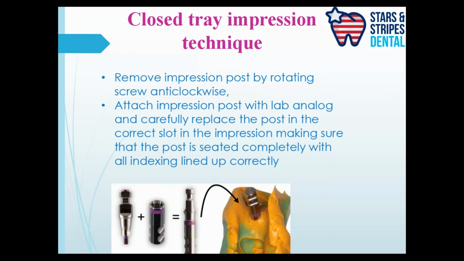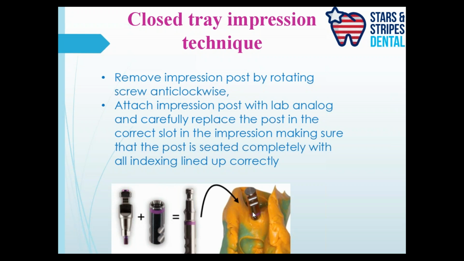So then you attach the implant replica with the impression coping like this, one piece, and then you put that assembly in the slot. There is some indexing given on the impression post. So you have to make sure you put the impression post exactly in that same location and make sure it is lined up correctly.